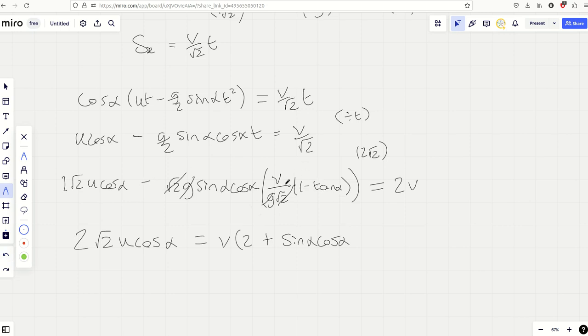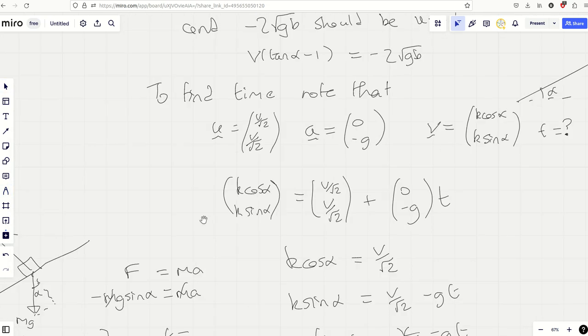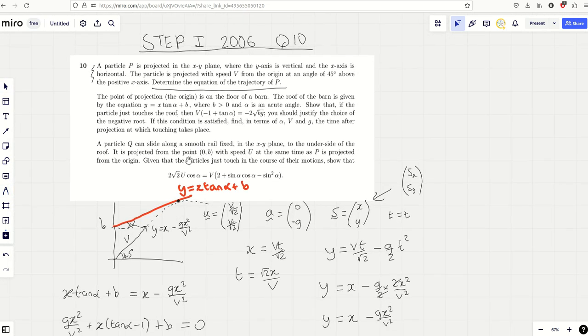You're going to have a v, which is good, but I'm going to factorize it out. And then you're going to have a minus. Now, what's sine alpha cos alpha times tan alpha? It's sine squared alpha. And that's why the answer pops out perfectly then. Check that last bit of maths, but I believe that turns into a minus sine squared alpha. And you've done it. The result is shown to be the case, yeah?